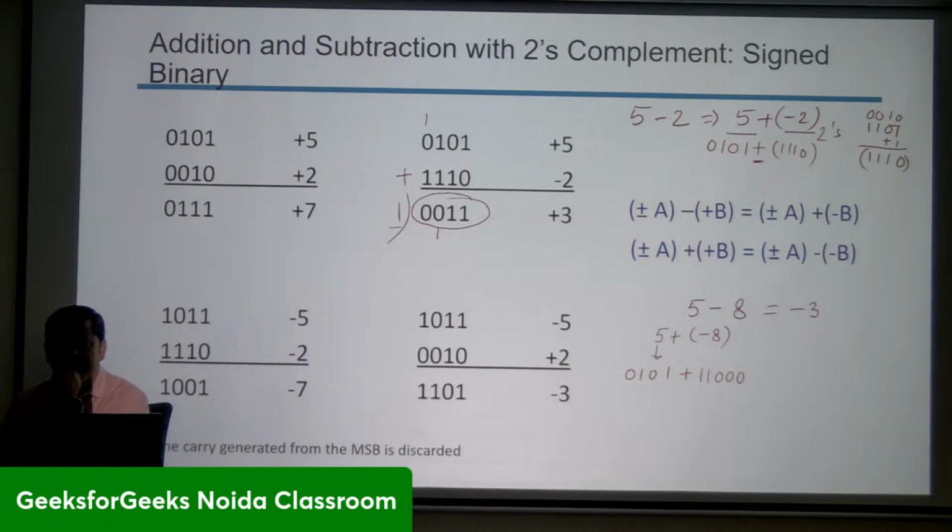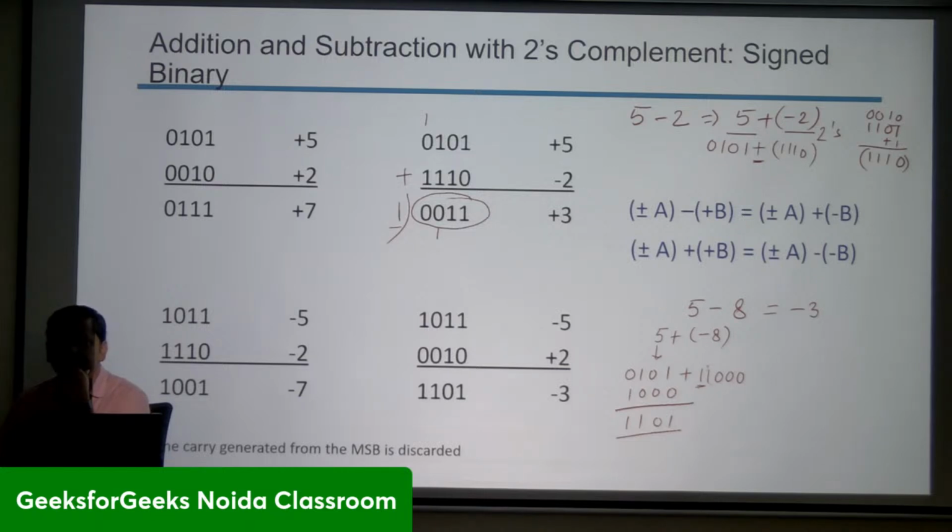So this 1 is required. If I am dealing with 4-bit binary representation, this 1 will play the role over here or not? Okay. So since we are taking the 2's complement for 4-bit binary, this 1 is going to be ignored.